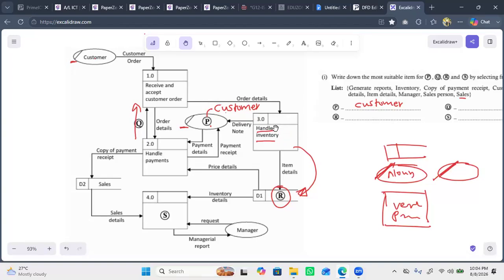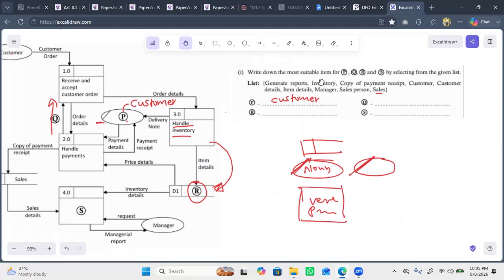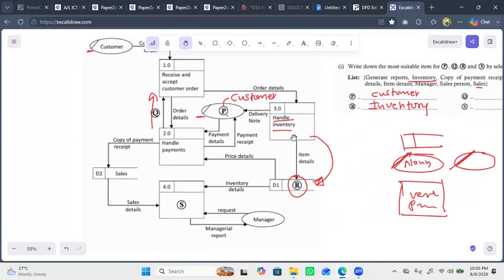Now it is doing something with this data store, which should be dealing with inventory. Do we have an option like inventory? Yes, it's inventory. Therefore, R should be inventory. Handling inventory process, dealing with inventory data store.